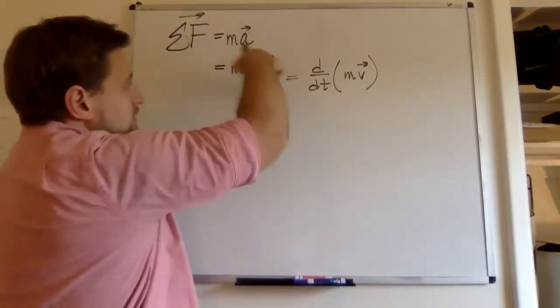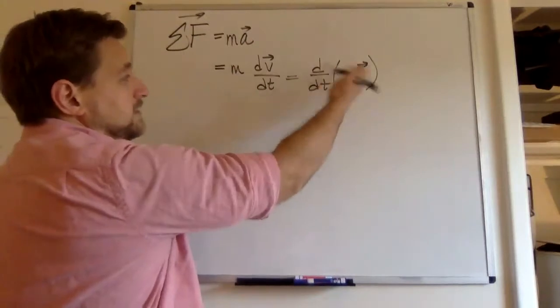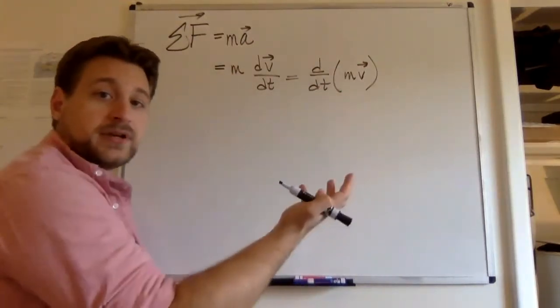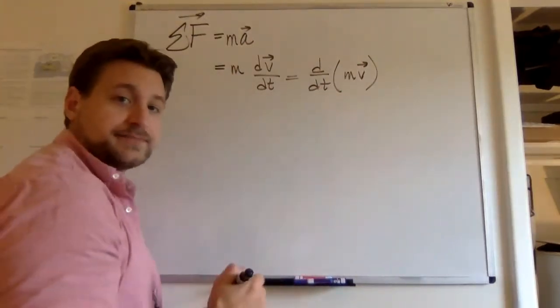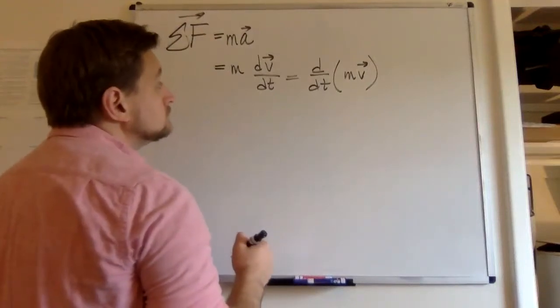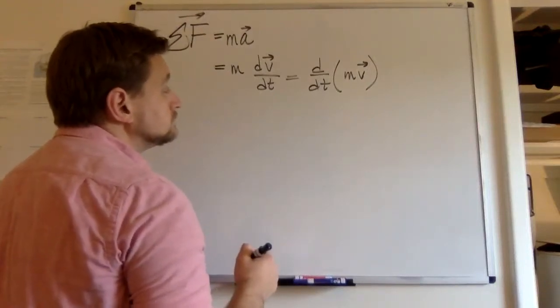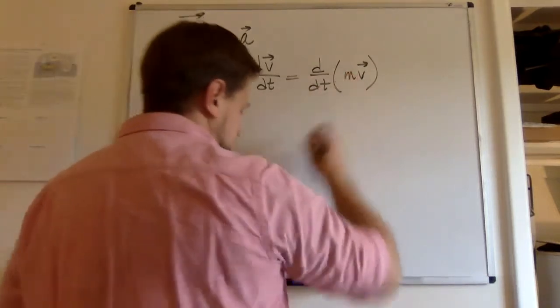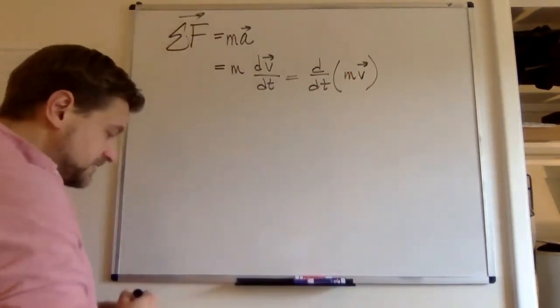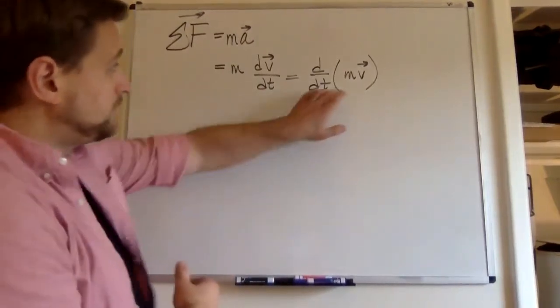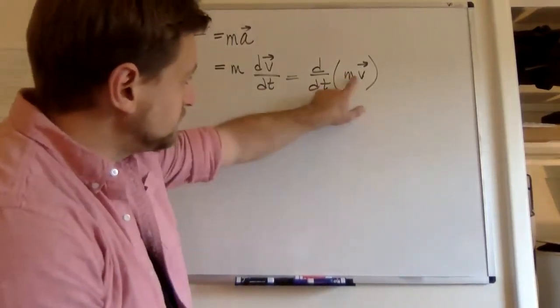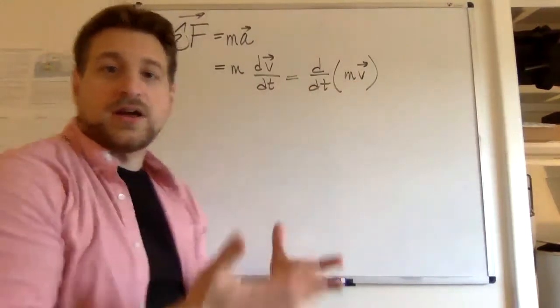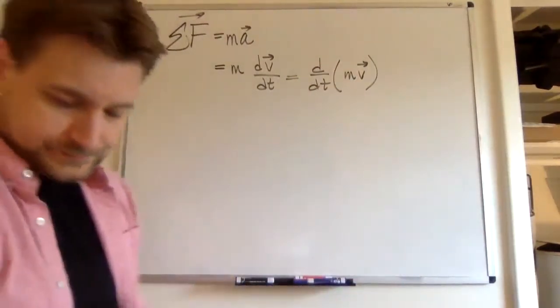So this could be the result of pulling the mass out of the derivative operator, because we know that it is constant. But if we write it this way, it starts to look like this is the time derivative of some new thing, some new quantity that is the product of mass and velocity.